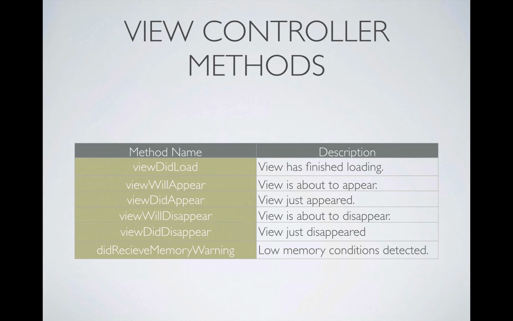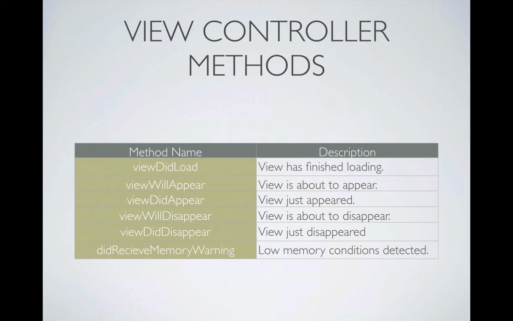There are a number of these hook methods, and you see them on the screen in front of you. There's viewDidLoad, the one we've already seen in the generated code, and that gets called when the view is finished loading. Right before the view appears, viewWillAppear gets called, and right after it appears, viewDidAppear.